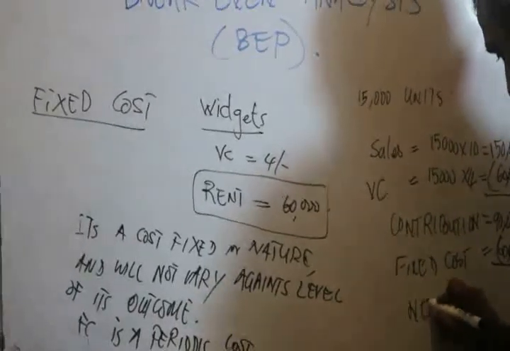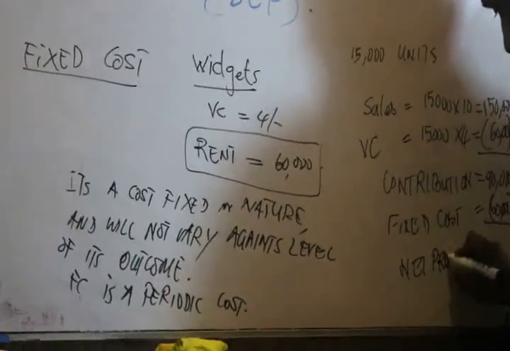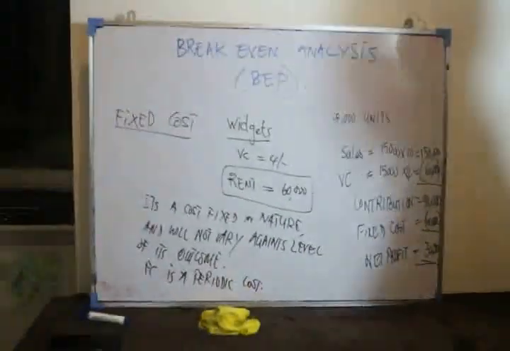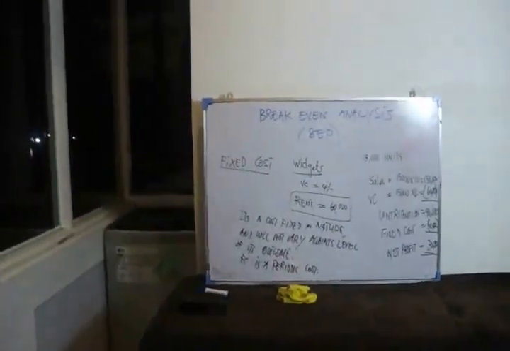So net profit is 30,000. This is a normal basic accounting calculation in arriving at the net profit.